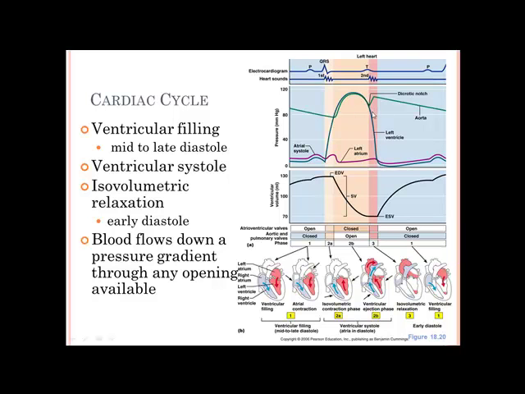So we call this our isovolumetric relaxation. Alright? Pressure in the ventricle is dropping. My blood level in the ventricle is the same, isovolumetric, and all the valves are closed. Why? Ventricular pressure is higher than atrial pressure, but it's lower than my aortic pressure.